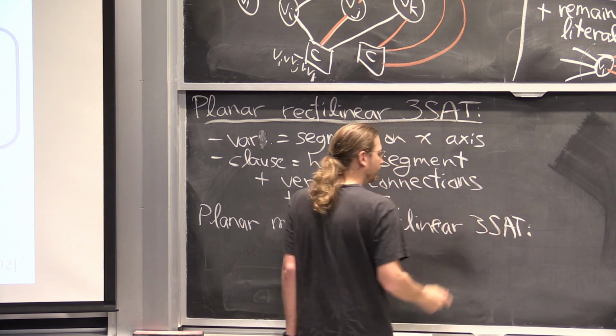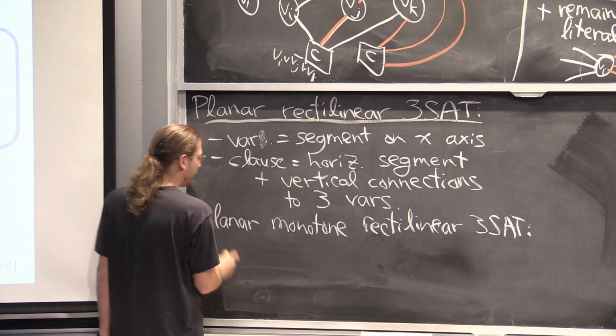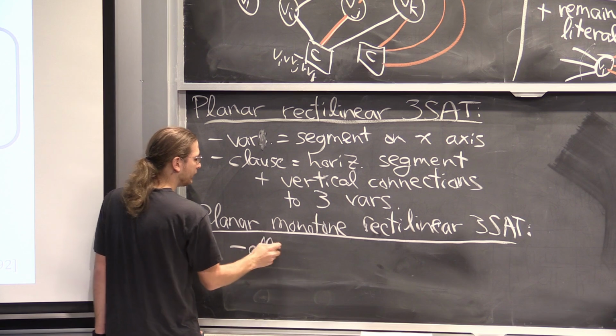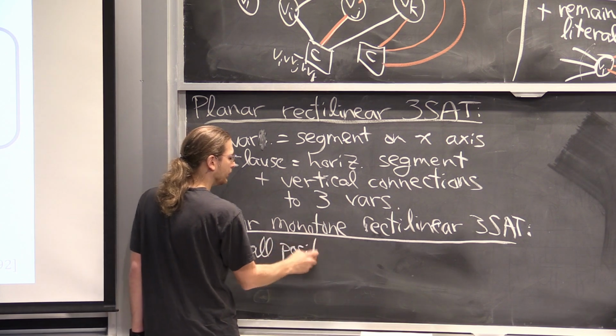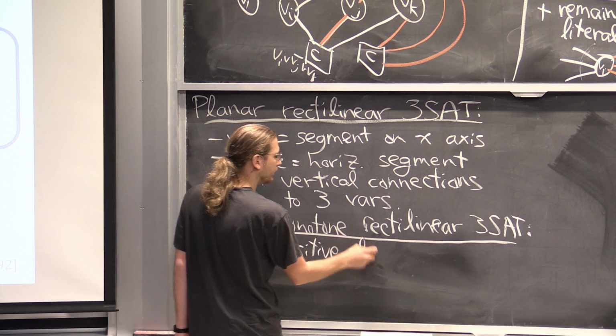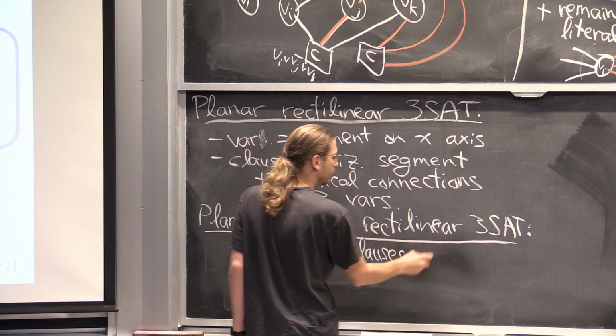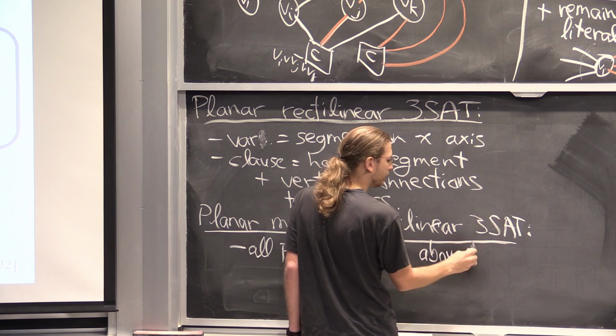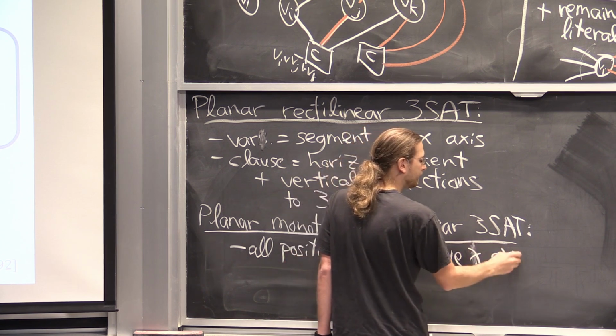is a special case of monotone 3-SAT where the all positive clauses are above the line, and conversely below.